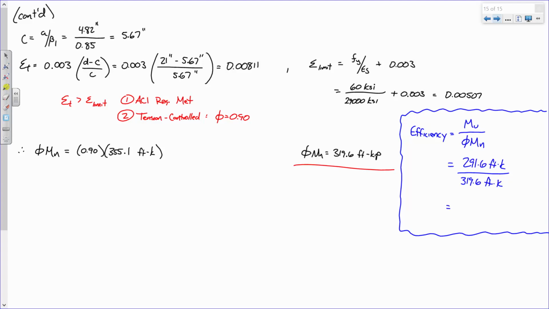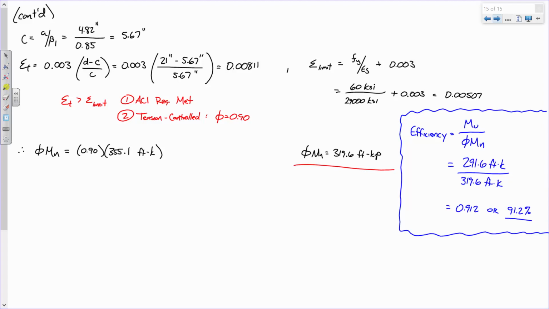And what this does is it's sort of like The Price Is Right. We want this value to be as close to 1 as possible without going over. So first off, let's do the calculation here. What does this come out to be? 91.2%. So 0.912 or 91.2%.